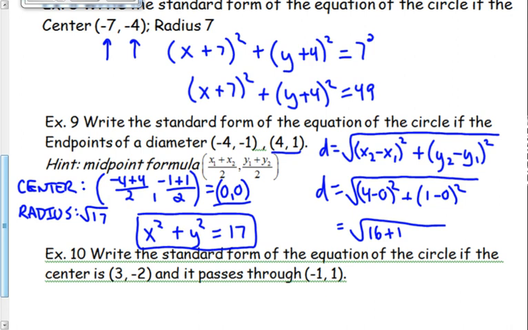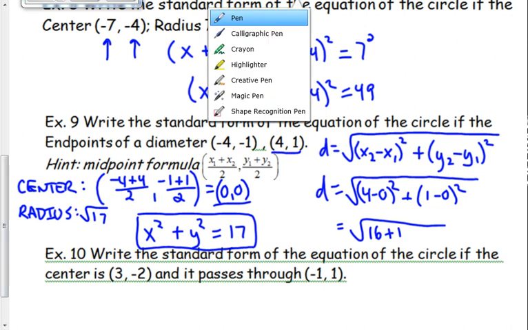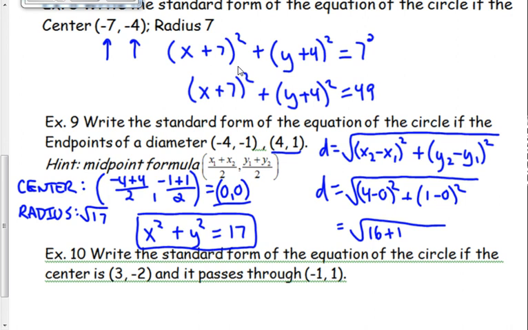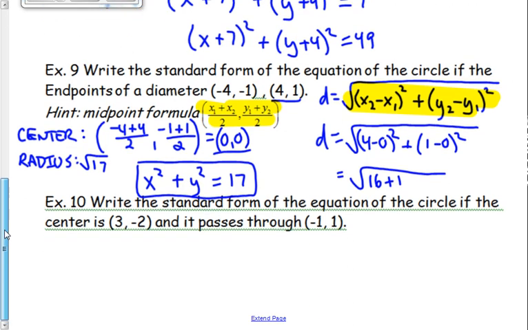Okay. Very important there. You had to use a couple different things. You had to use the midpoint formula, and you had to use the distance formula. So it's going to be important that you know those and that you know the standard equation of a circle.